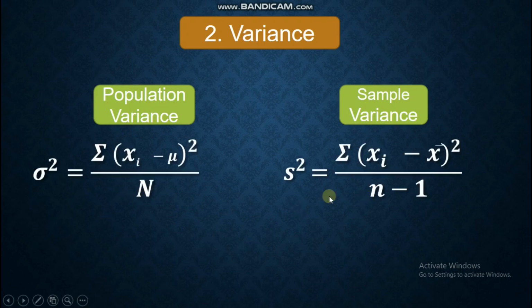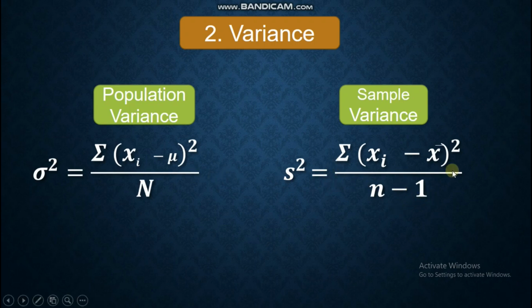This is their equations. For the population variance, it is the summation of the quantity of score minus the population mean squared all over n, while the sample variance is the summation of the score minus the sample mean squared all over n minus 1.